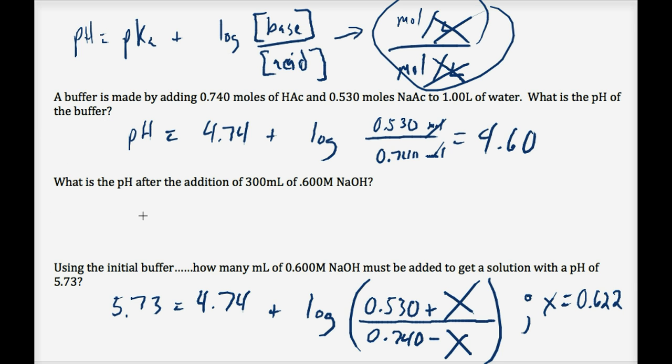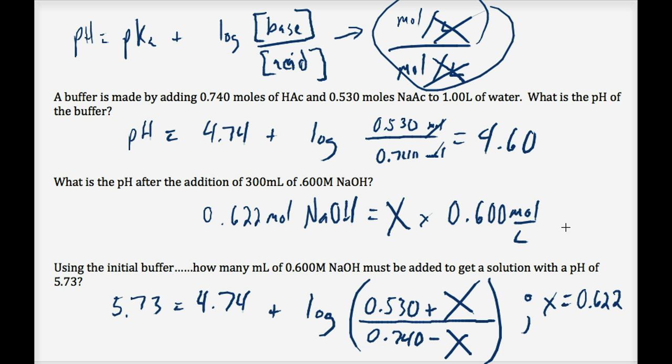Basically I'm asking, in order to get 0.622 moles of NaOH, I'm going to need X times 0.600 moles per liter of NaOH.